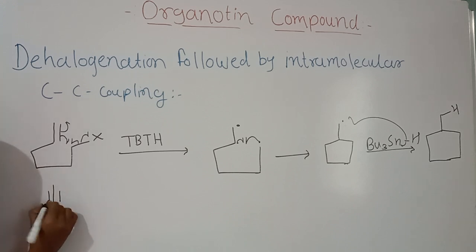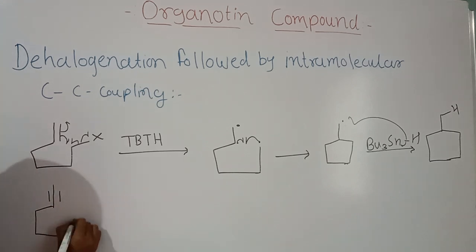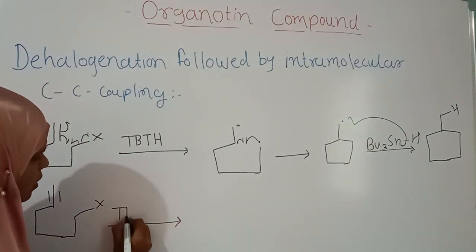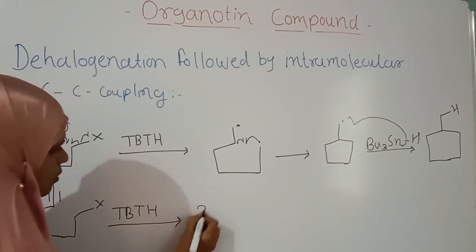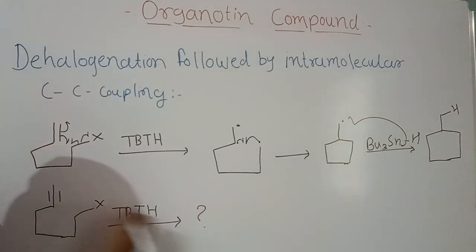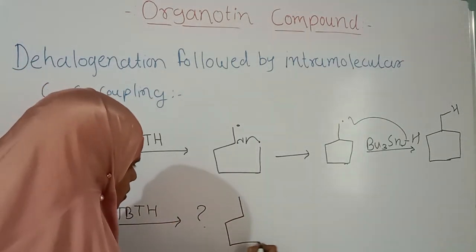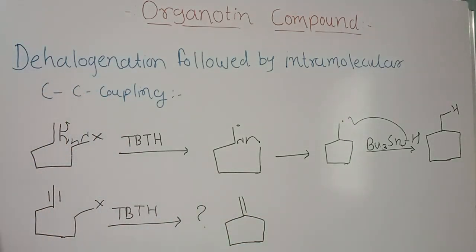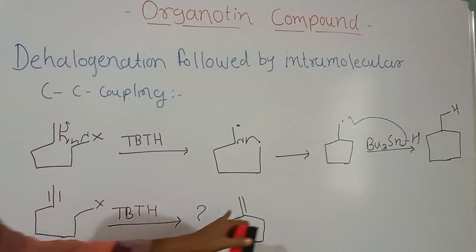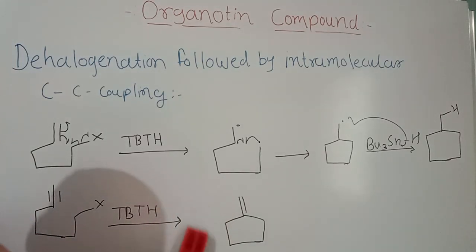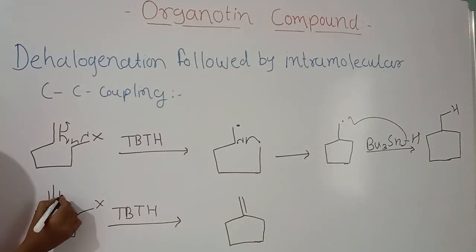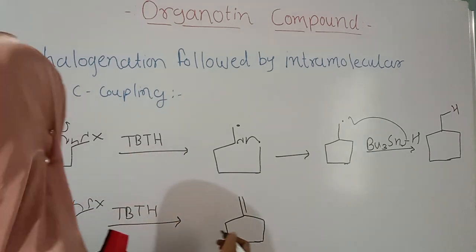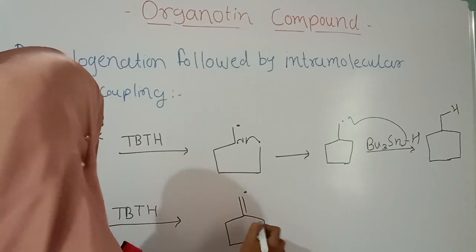A simple example: if a triple bond is present and tributyl tin hydride, then what will be the product formed? Here only this type of mechanism, only formation of a double bond. This triple bond is reduced to a double bond. Show the mechanism simply.